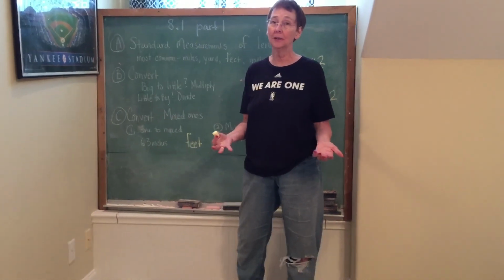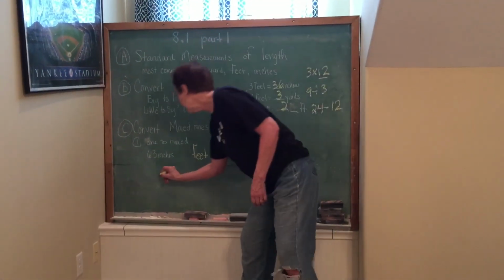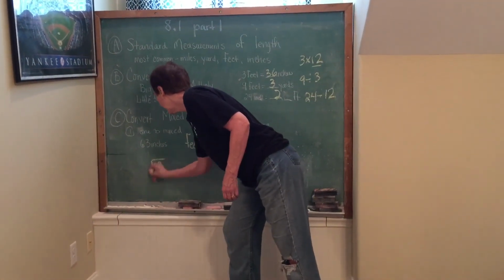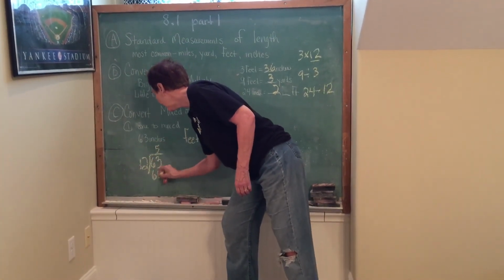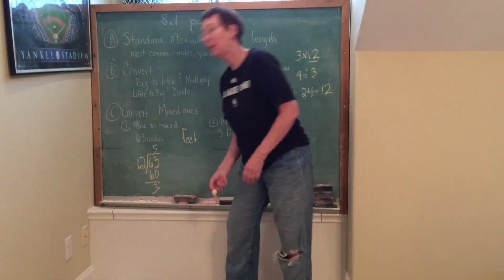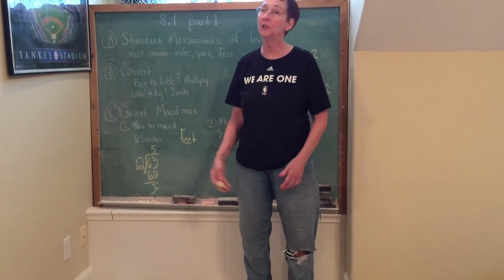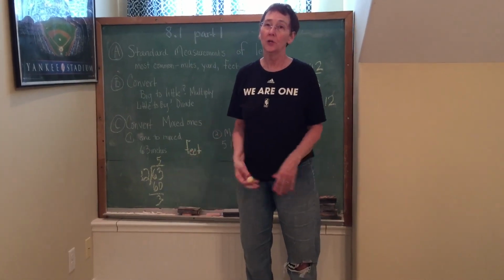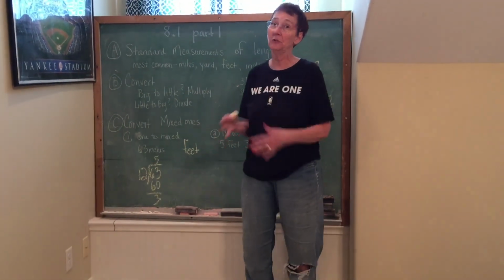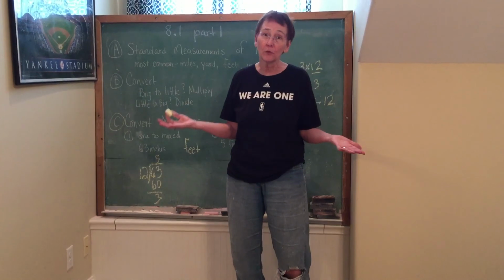So I'm going to be dividing by 12, correct? Well, if you take 63 and divide it by 12, it's going to go 5 times, but you're going to have some leftovers, and you cannot use decimals, okay? So standard measurements do not use decimals. You never hear 5.3 feet.